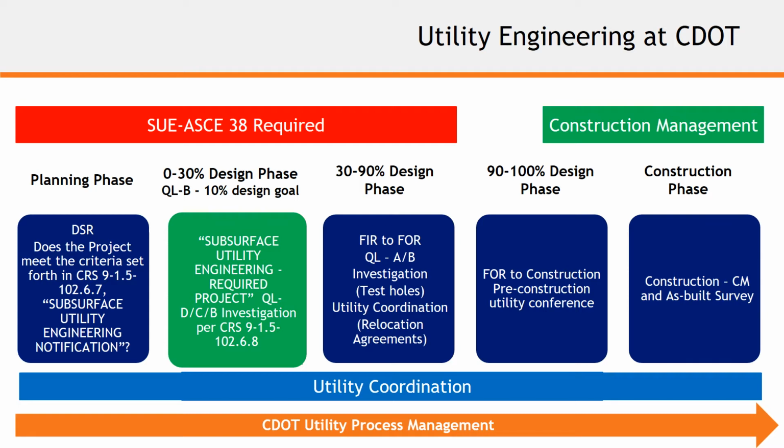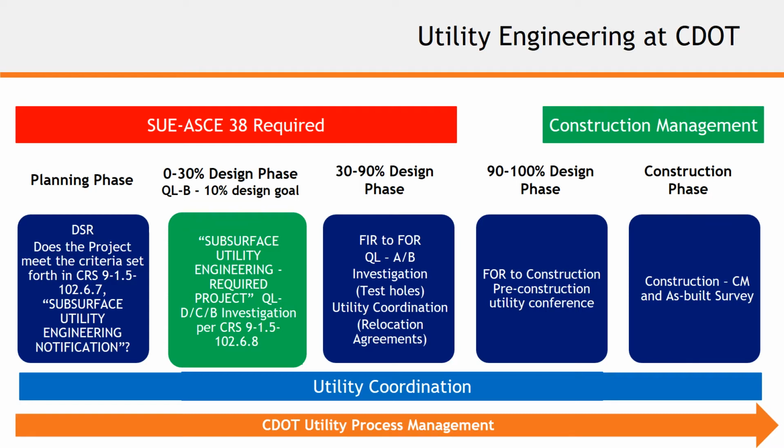On the bottom, you'll see the blue utility coordination, which begins at planning phase and works all the way through to the construction phase. Upper right in green is the construction management phase, beginning at about 90% with early relocations and running to the end of construction.